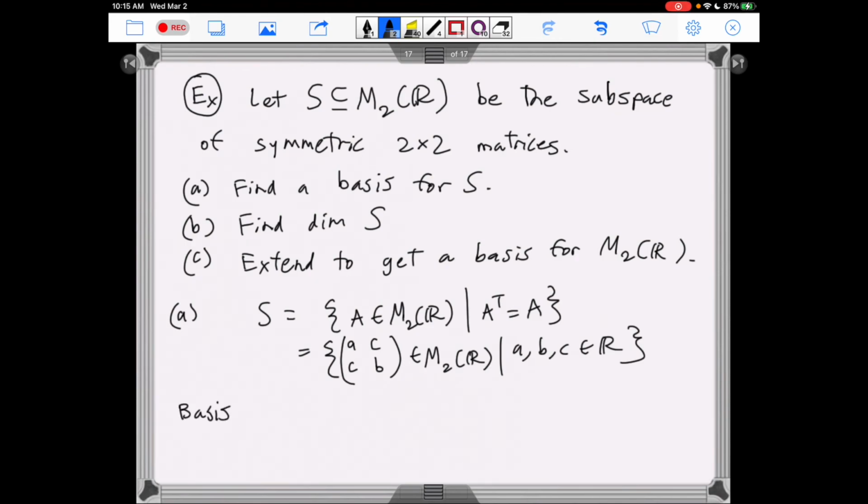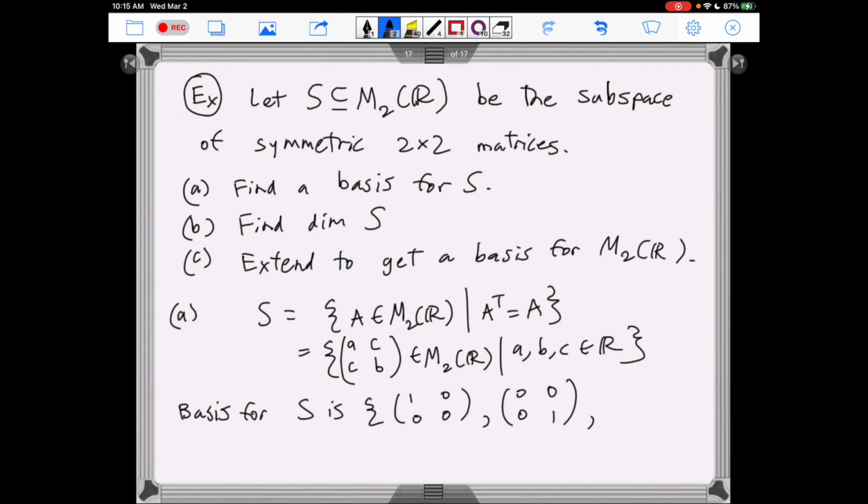And so we could start with the obvious basis for S, which would be, got to be careful here. A basis for S would be 1, 0, 0, 0. And then 0, 0, 0, 1.